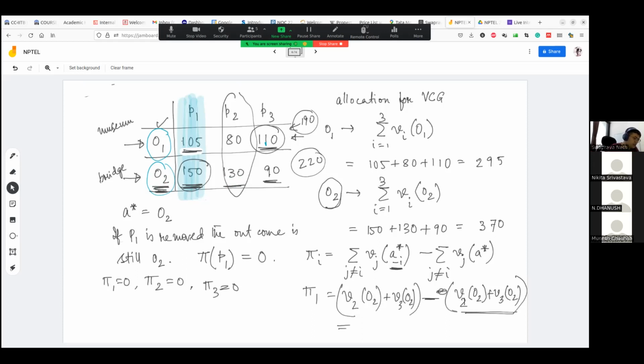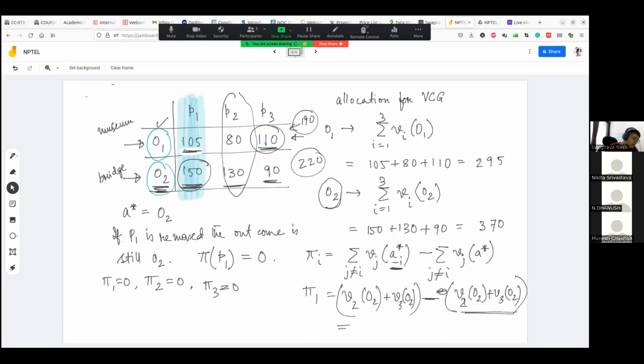Now, of course P2 gets nothing, so P2's payment should be 0, which is quite obvious. Now we have to calculate what happens to P1 and P3. So if P1 was not there, how would these two objects be allocated? Clearly O2 will now go to P2 and P3 will continue to get the same object, O1, right?